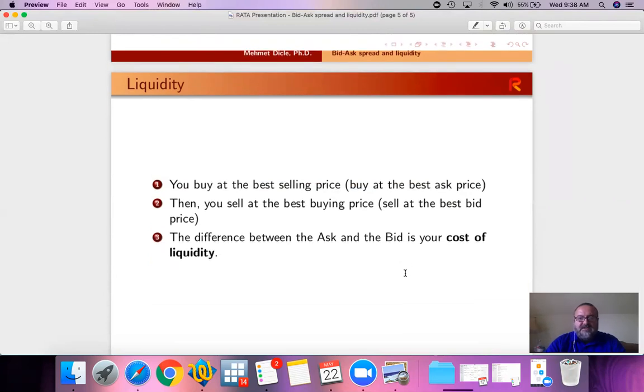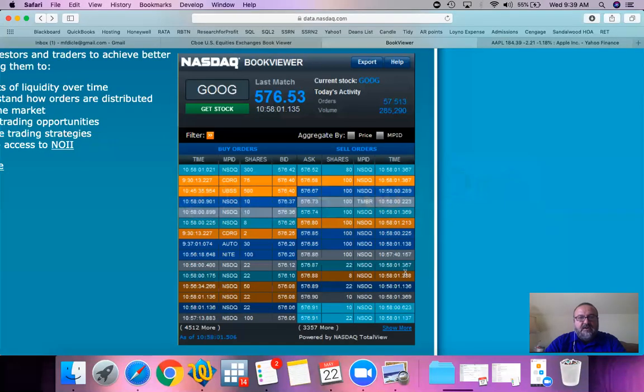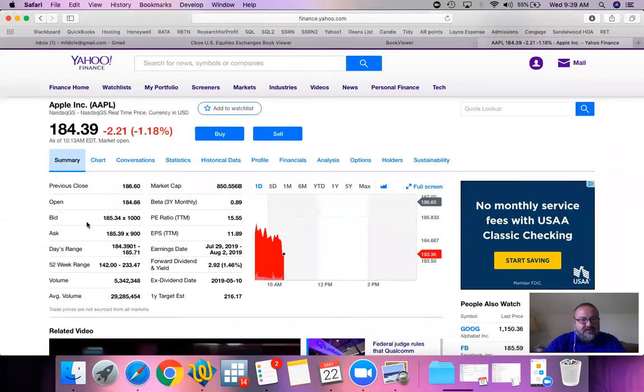Liquidity is how fast you can turn your asset into cash and how costless that is. So a very liquid asset will have a very small difference. For instance, the bid and ask for Apple right here is 185.34 and 185.39. So the difference is 5 cents. I would consider that to be a very liquid asset.